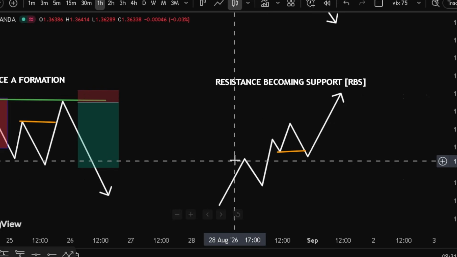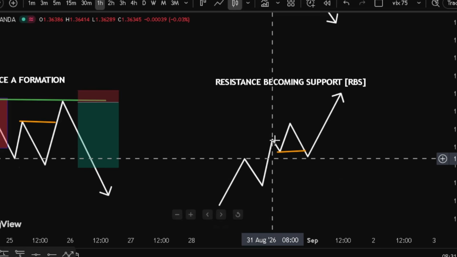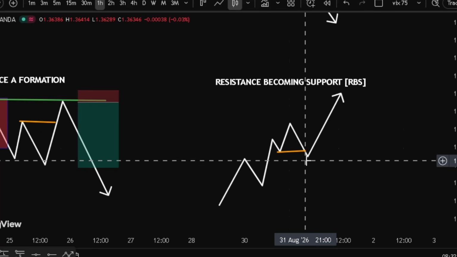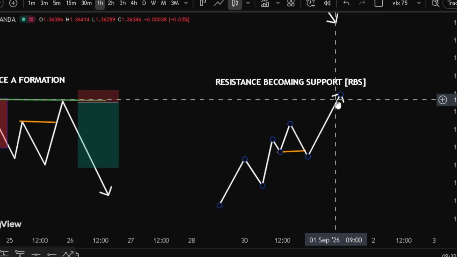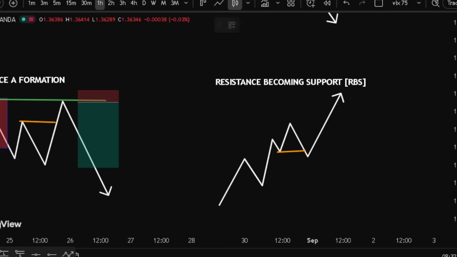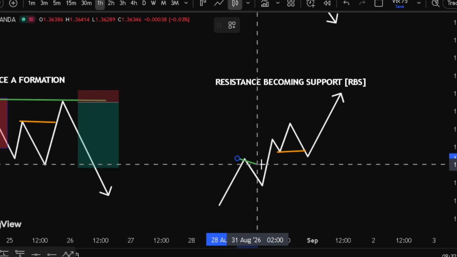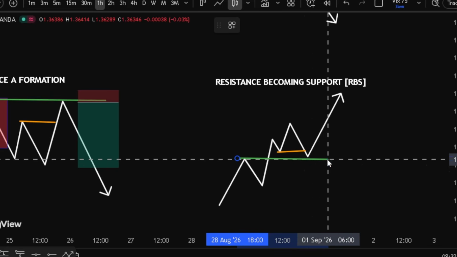Price was pushing to the upside and then gets a rejection, then comes, breaks that particular high, and then retests the high to now become bullish. That is what is known as the resistance becoming support. This area acted as our resistance, but it gets broken, and now it acts as our support.